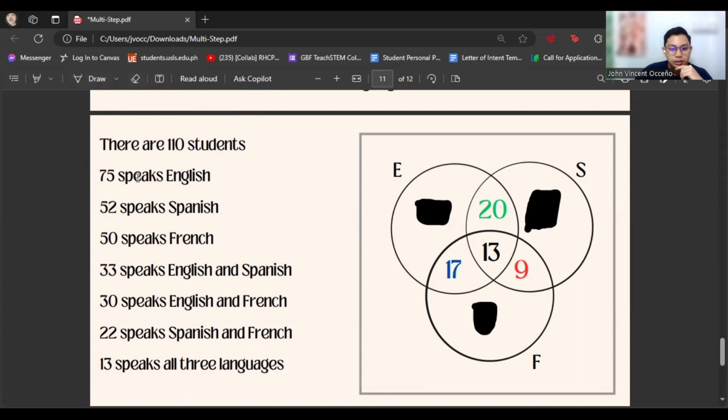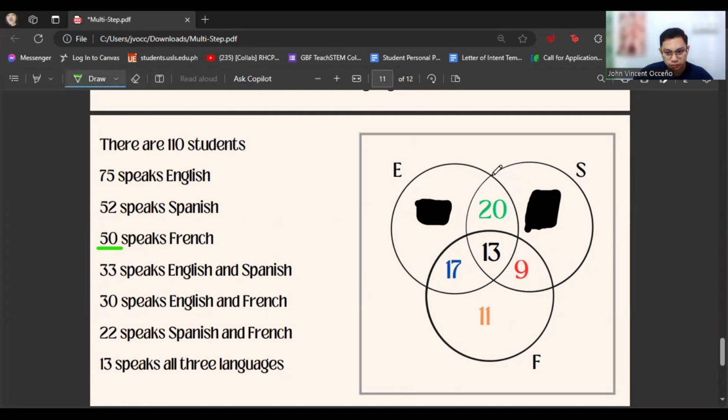For the 50 who speak only French, we add this and we subtract the value. So 50 minus 39, 11.